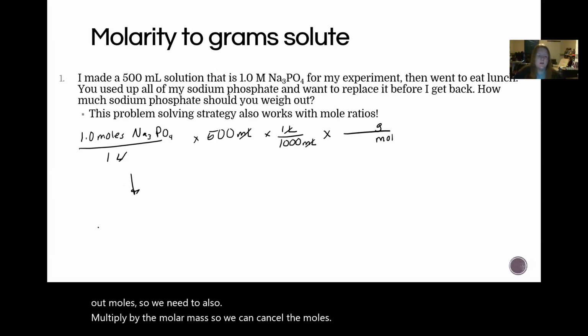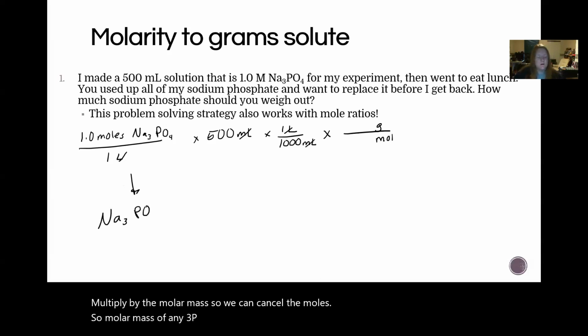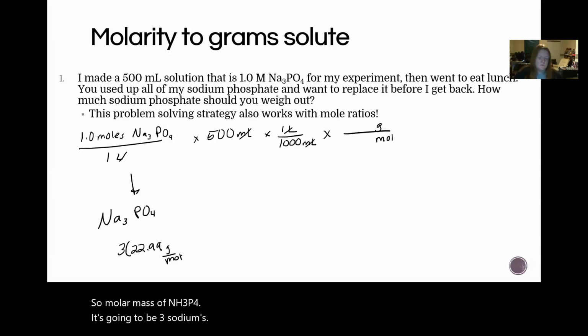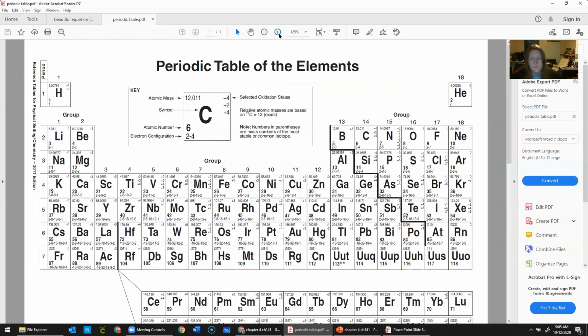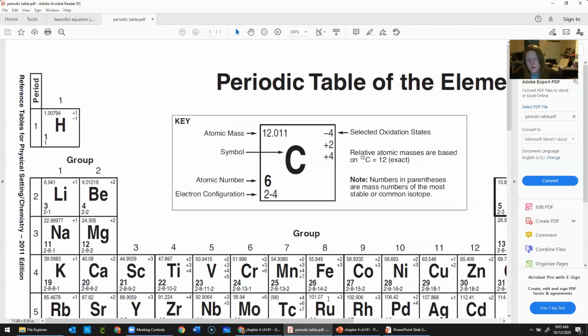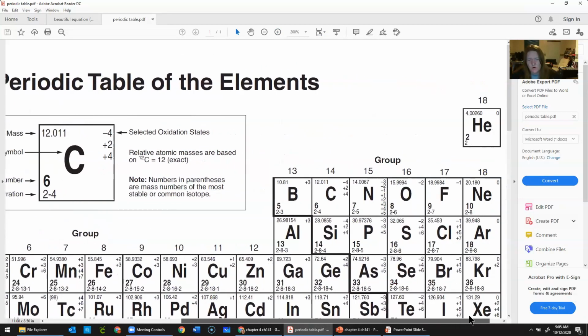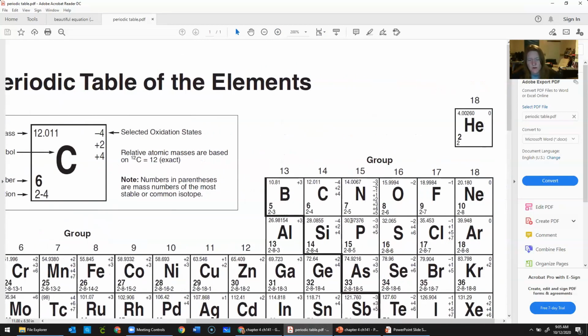So the molar mass of Na3PO4 is going to be 3 sodiums, right? So sodium is 22.989, so I round to the second decimal place, so 22.99. And then P, of course, is right here, so 30.97.